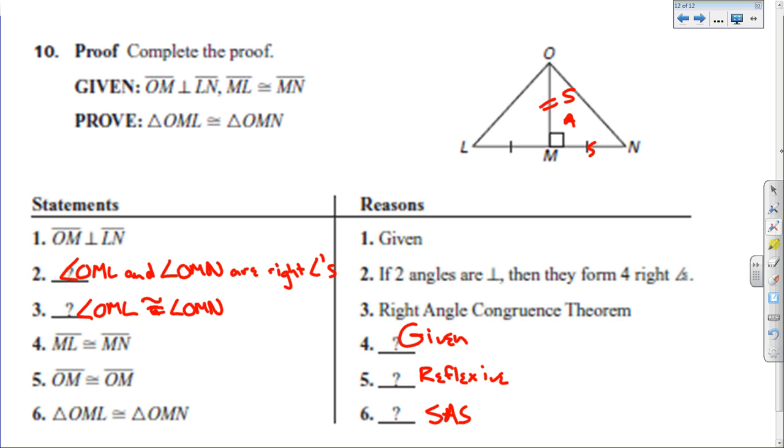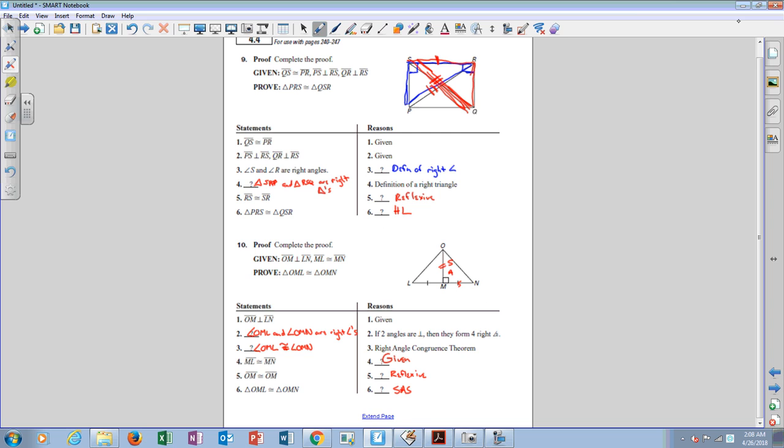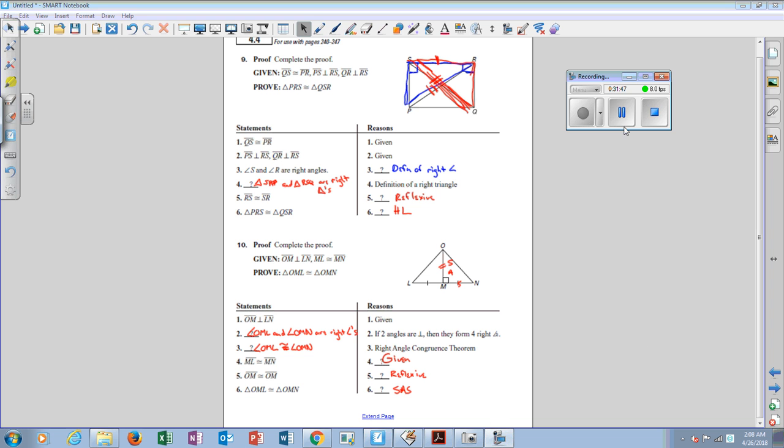SAS. Done. All right, so that's 4.5 A3C, or 4.4 A3C. Did it in better time this time.